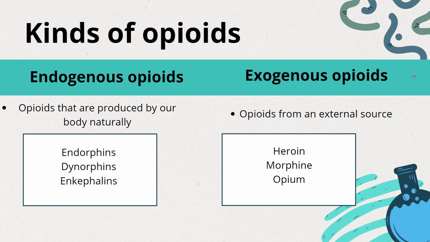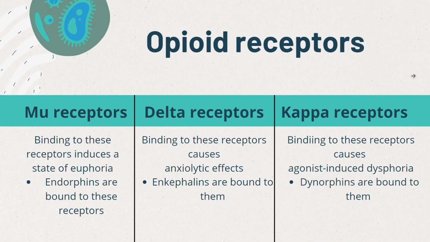And exogenous opioids, which come from an external source, such as heroin, morphine, and opium, imitate the effects of endogenous opioids.